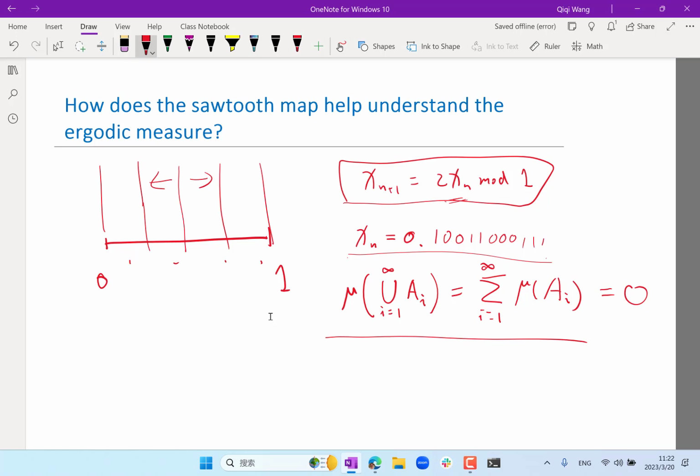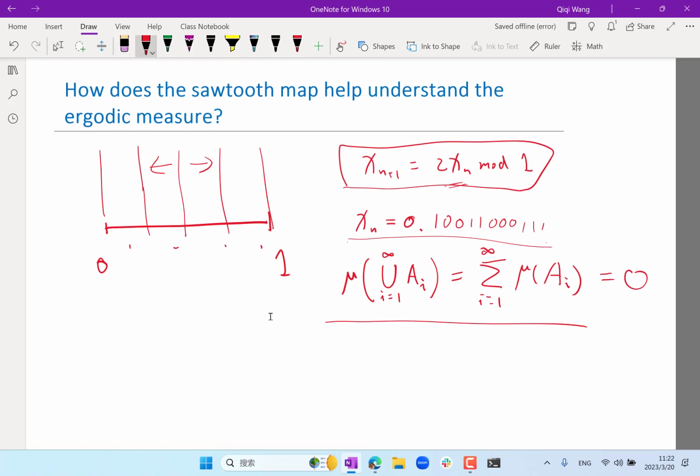And the same argument follows if you divide the interval into 4, 8, etc. Basically, it's going to be a uniform distribution over the interval 0 to 1. So the ergodic measure is uniform. Okay, any questions on that?